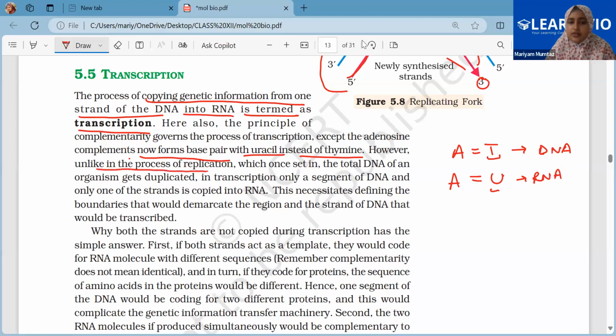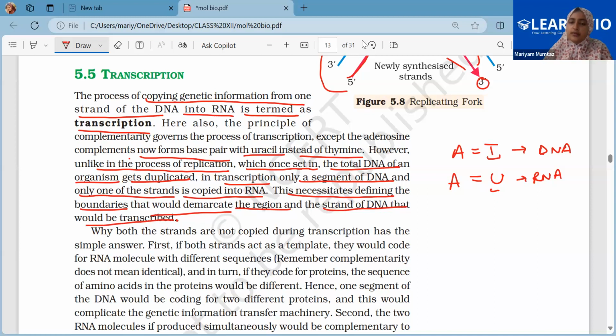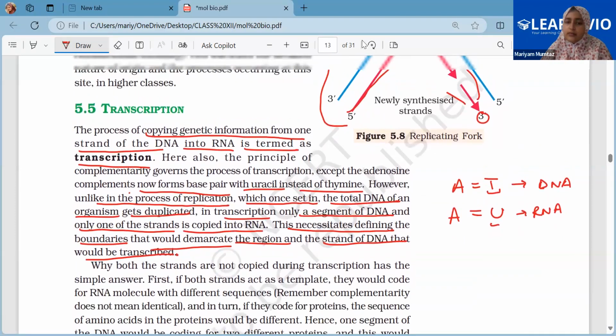However, unlike in the process of replication, which once set in, the total DNA of the organism gets duplicated, in transcription only a segment of DNA and only one of the strands is copied into the RNA. This necessitates defining the boundaries that would demarcate the region and the strand of DNA that would be transcribed. So you have understood that transcription is how the DNA copies the information to make the RNA, more importantly the mRNA.